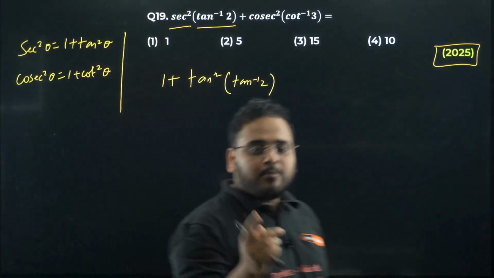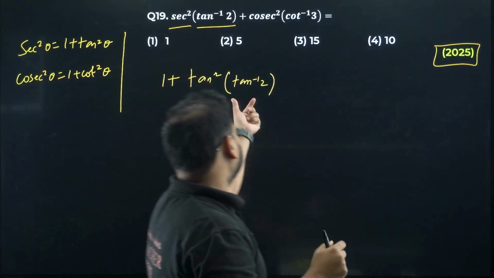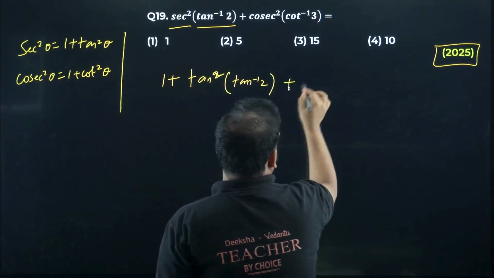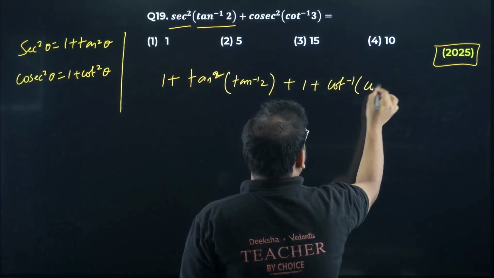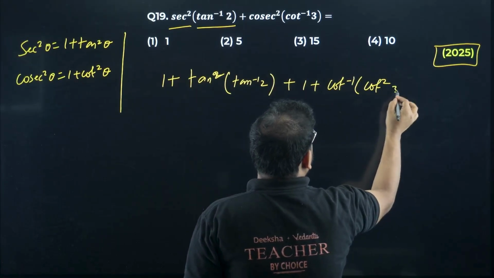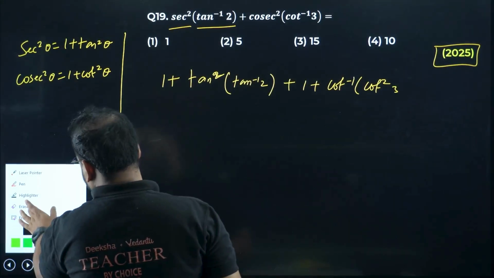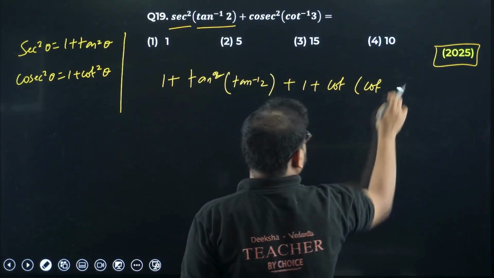Remember, the output of an inverse trigonometric function is always an angle, right? This is the angle over here. Great. This is tan square plus 1 plus cot square of cot inverse of 3, sorry, I did it the other way around. Here will come cot square, here will come cot inverse.